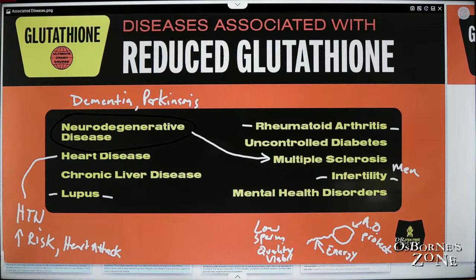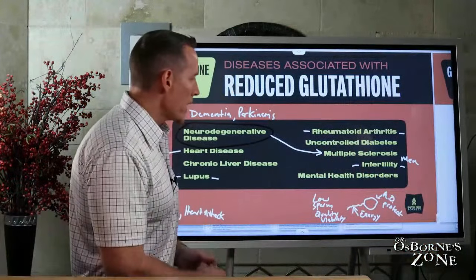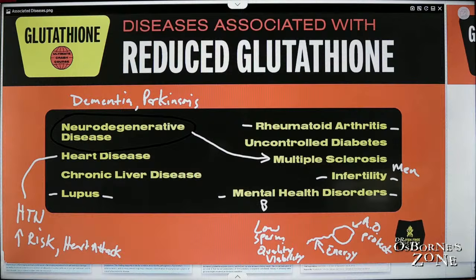Your sperm will die too quickly and can't make the journey. So remember, glutathione also protects the female's eggs, so it works in both men and women. And then we have a number of different mental health disorders. We know that many of these disorders, like bipolar and depression, are actually inflammation manifesting neurologically in the brain, and glutathione certainly can help with that.